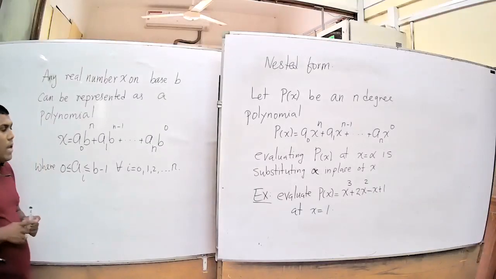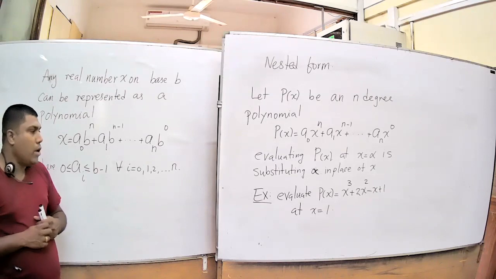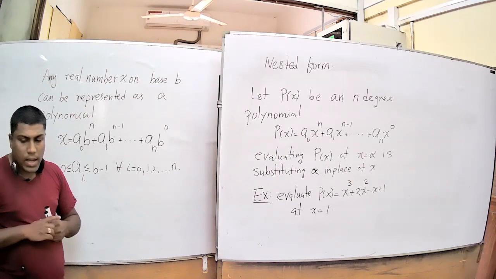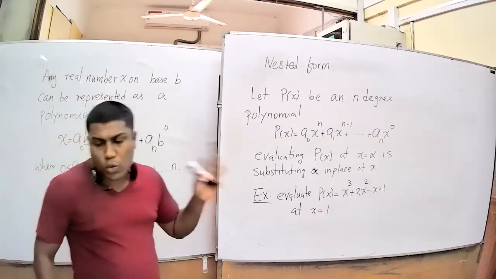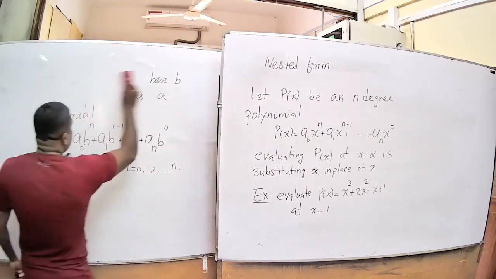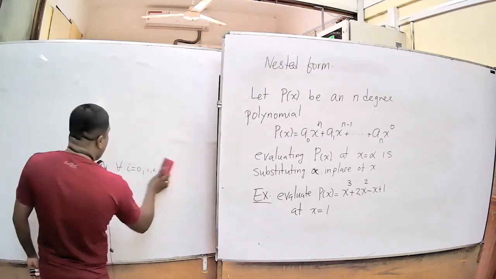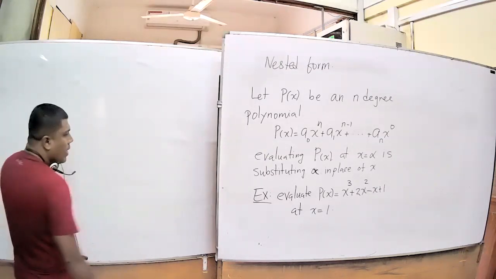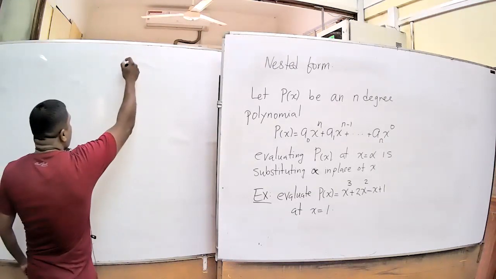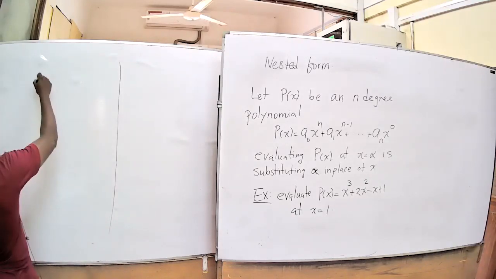Let us evaluate this polynomial at x equal to 1. I am going to explain this example in two different ways, just to tell you how the nested form works and how the regular evaluation works. Regular evaluation, you all know.